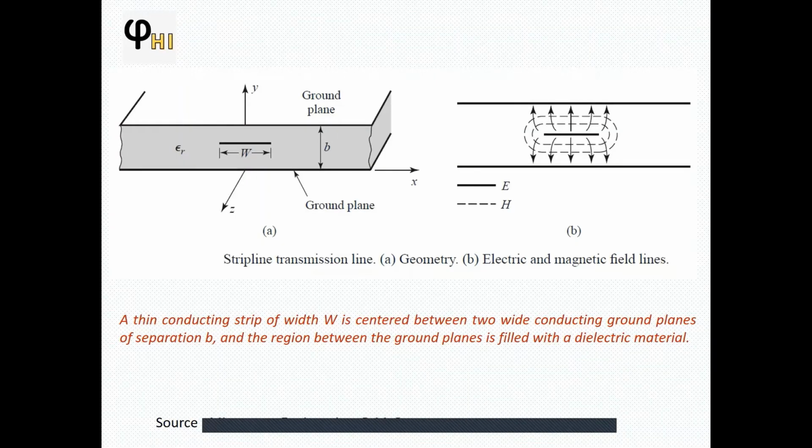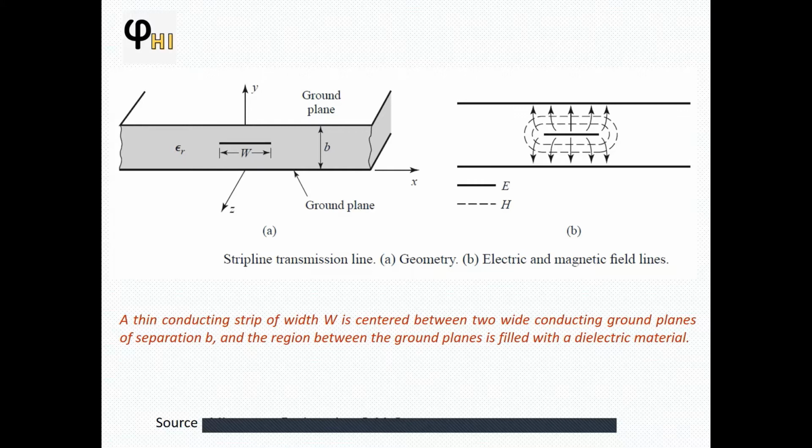In figure A you can see the geometry of the strip line. In this geometry, we have a dielectric substrate which is represented by the shaded portion. The height of the dielectric substrate is small b, and a strip of width capital W is inserted in between the dielectric substrate.